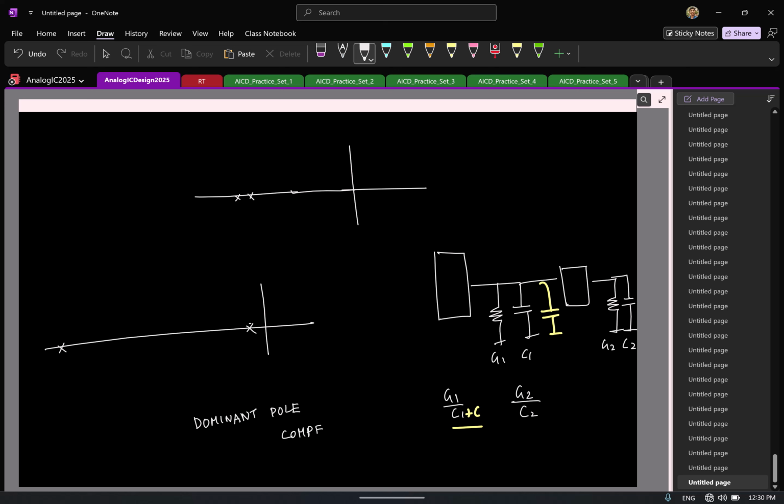You keep the poles far apart. In Miller effect, we did the following. We put a Miller cap here that made sure one moved to a high frequency and one moved to a low frequency. So we got a double benefit. Whereas in dominant pole, you just put a large capacitor somewhere so that that pole moves to a low frequency. So sometimes this is also done. Cool.